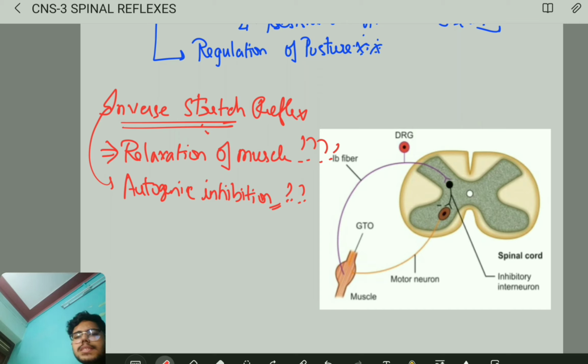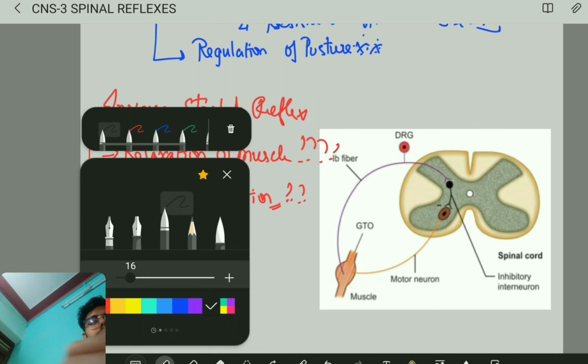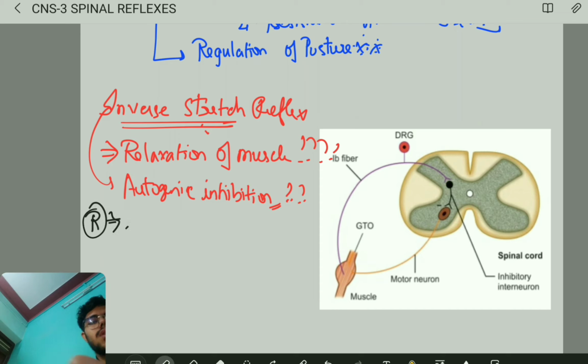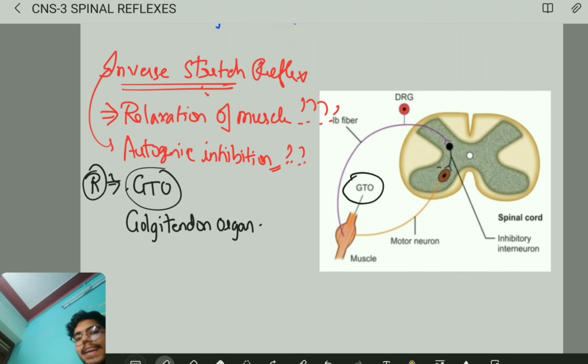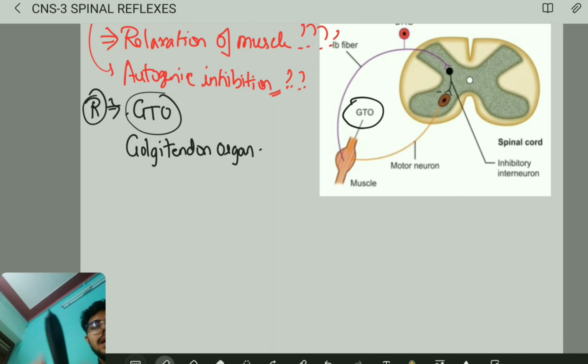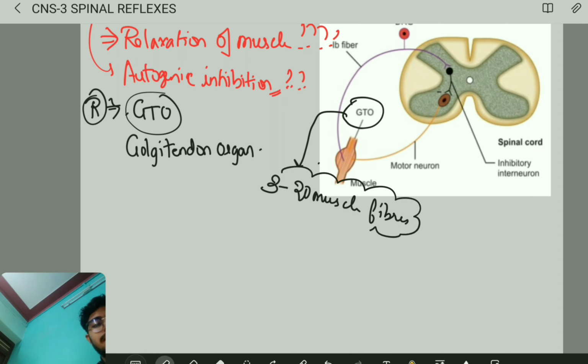If you look at the receptor for inverse stretch reflex, it is nothing but your GTO. What does GTO stand for? That is your Golgi tendon organ. Every Golgi tendon organ encloses about 3 to 20 muscle fibers.